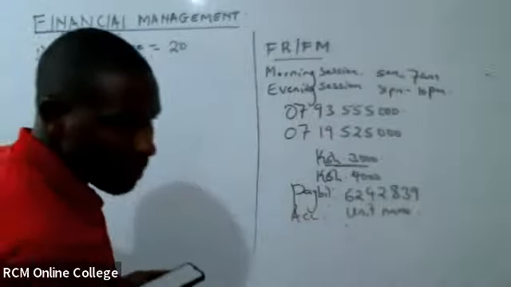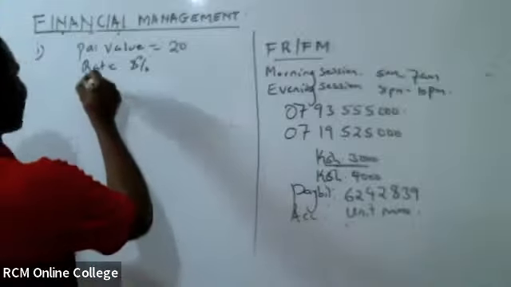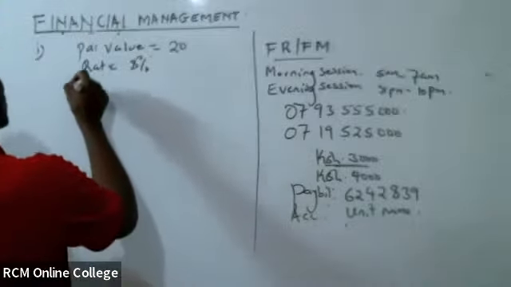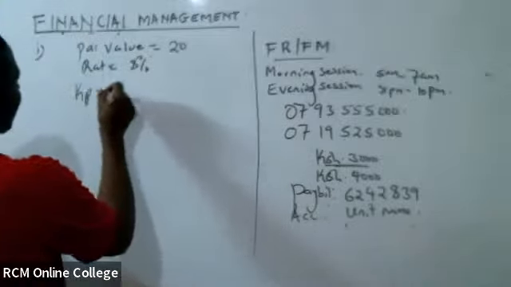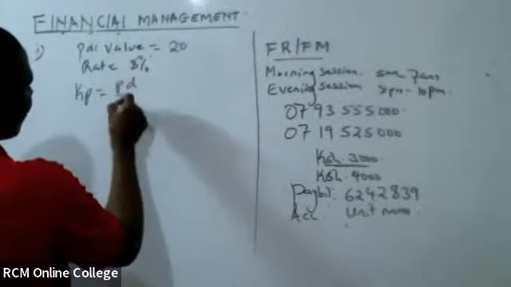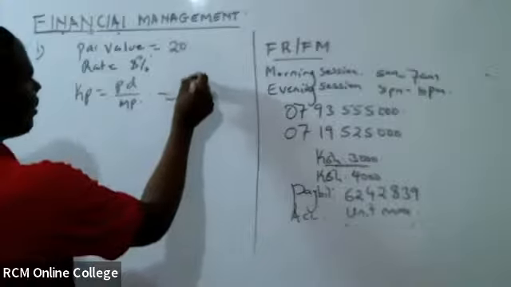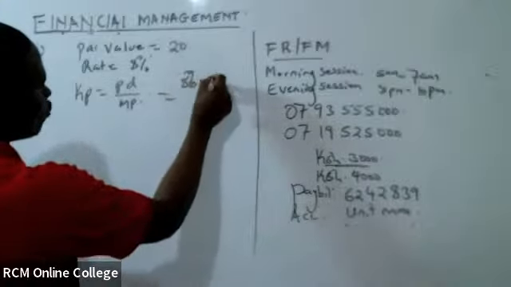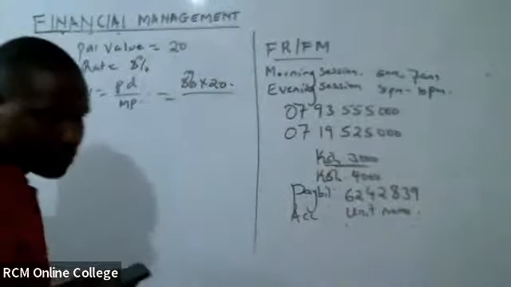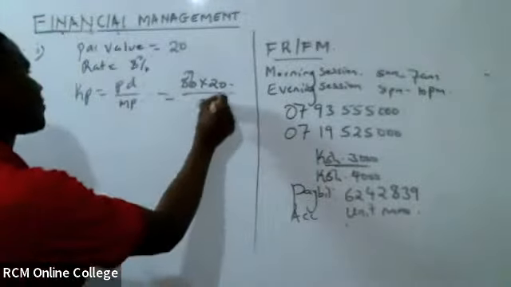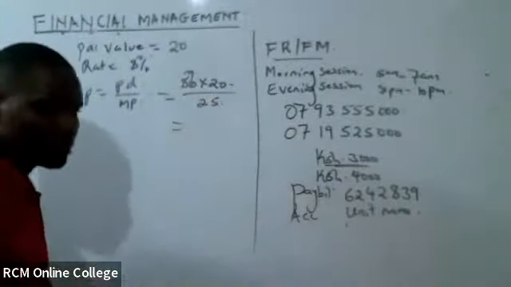And then give me the market price. So I know that KP is equal to preference dividend over the market price. That is 8% times 20 divided by the market price, which is 25. So is this giving people 6.4?